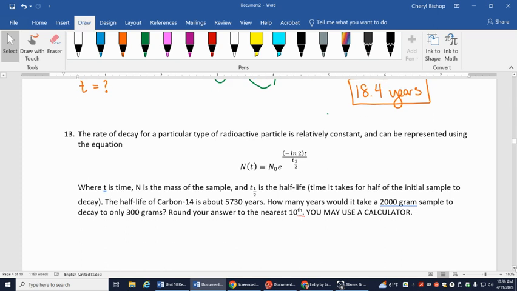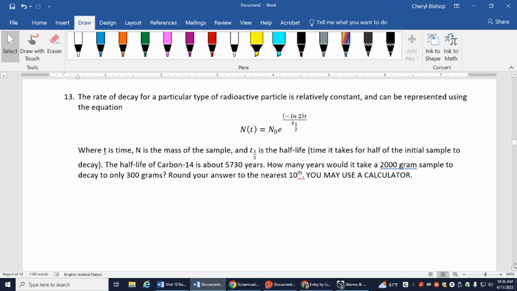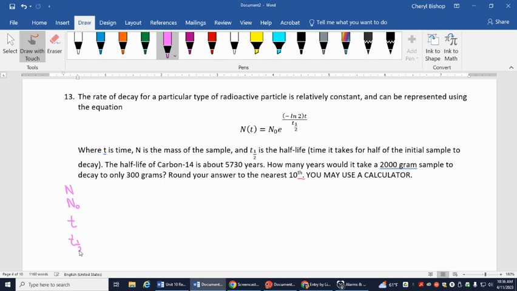So if I think about what my variables are: N, N sub 0, T, and the half-life T. Those are my variables.